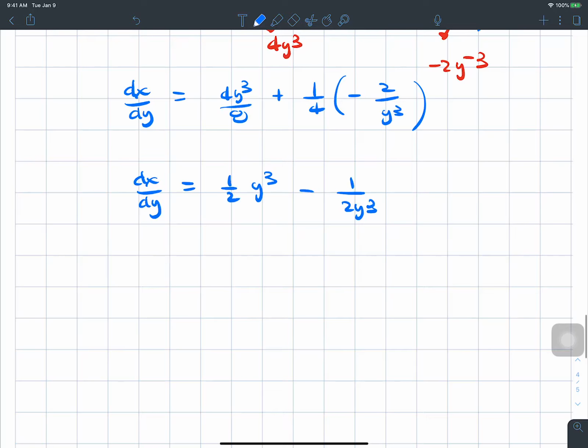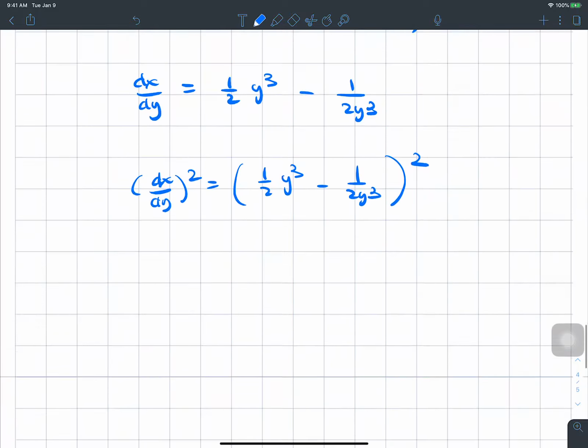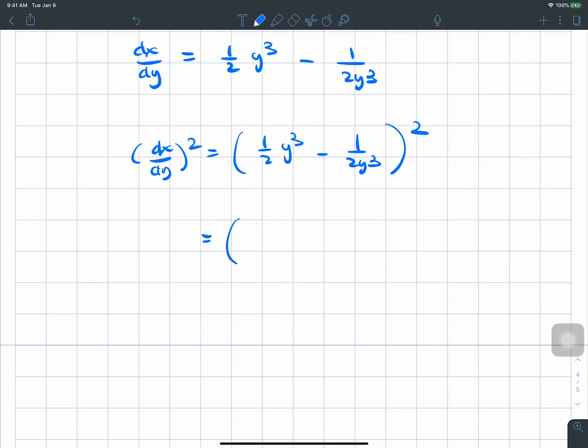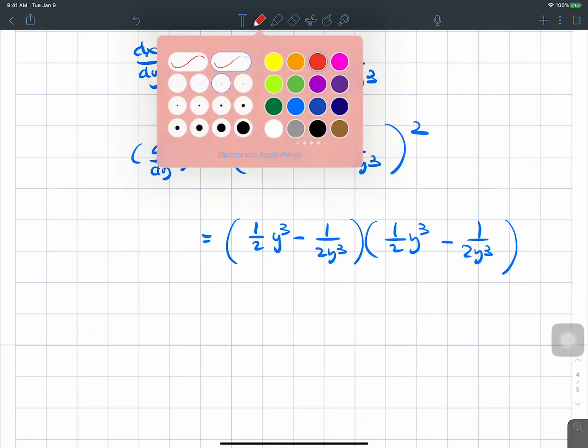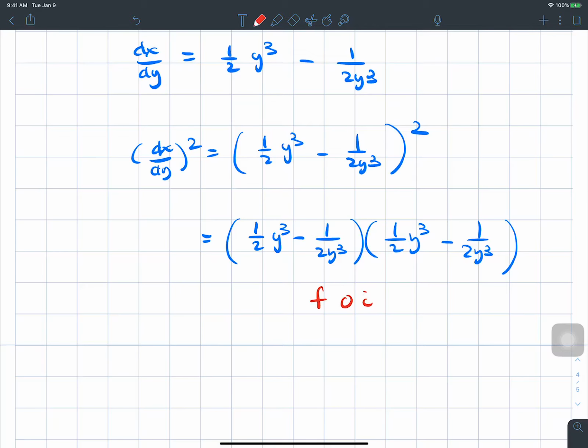And then you say, well, I'm supposed to square this, right? So keep an eye on the pattern that happens here. Square that. 1/2 y cubed minus 1 over 2y cubed. Square this. I know it sounds like it's the same term, but it's not. All right, you guys okay with that one? We're going to multiply this together. And again, we're going to use what here? FOIL.